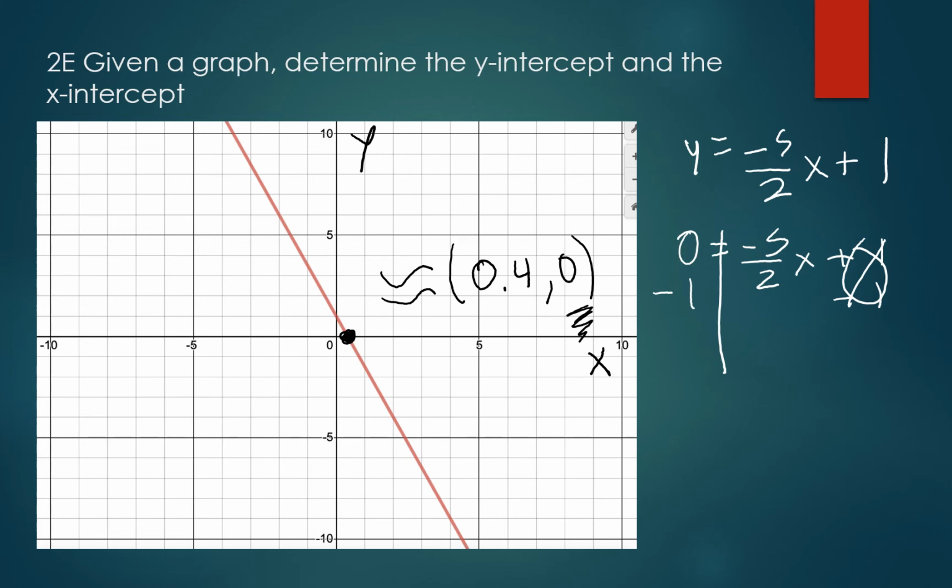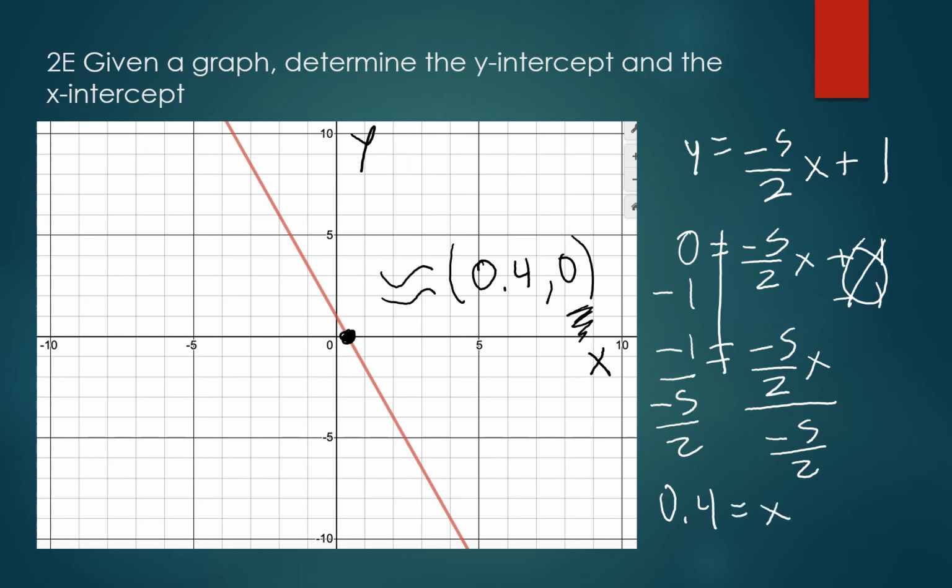So 0 minus 1 gives me negative 1 is equal to negative 5 over 2x. Now you will divide by the coefficient, negative 5 over 2. Divide this by negative 5 over 2, which gives me 0.4. So we actually had a really good approximation. So the x-intercept is 0.4 comma 0.